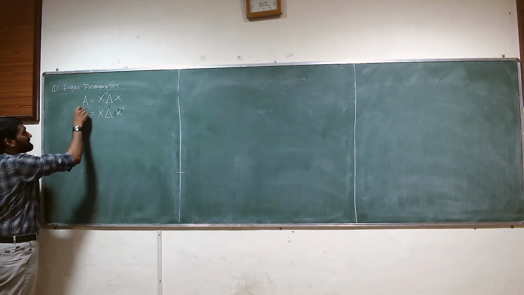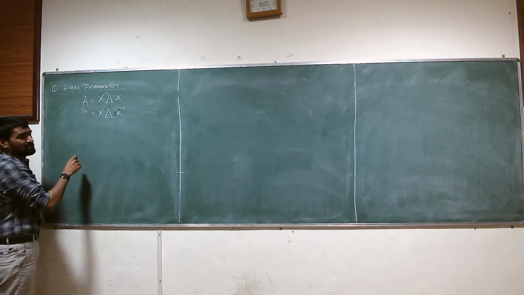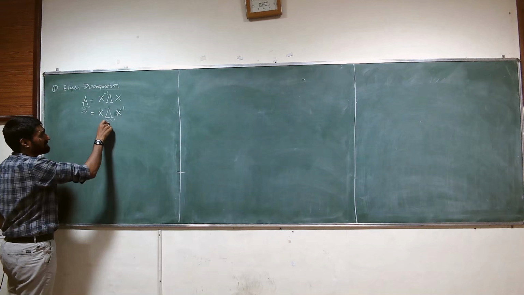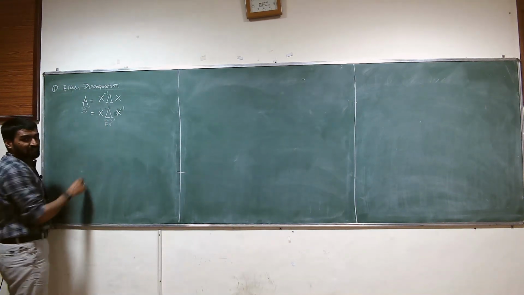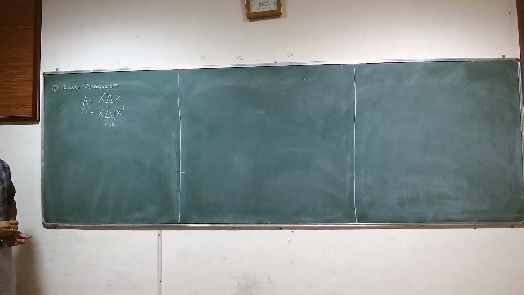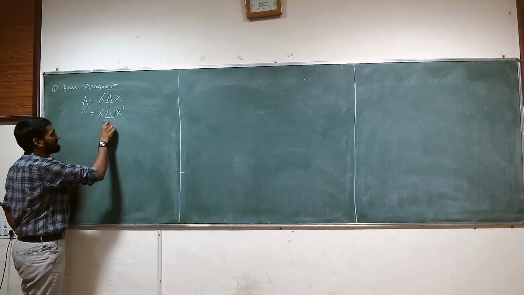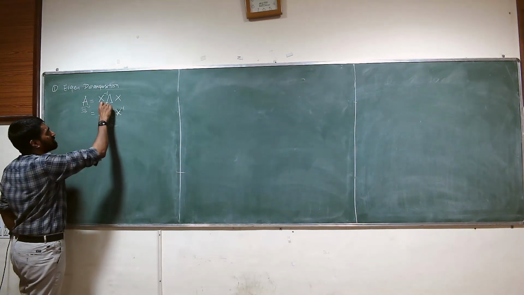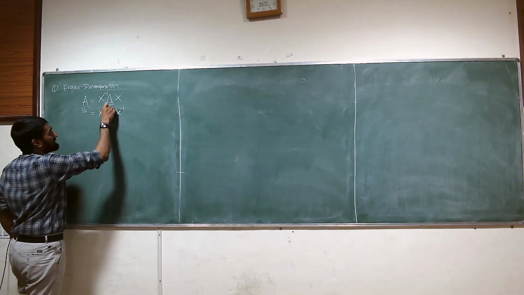This works with the standard basis. This works with the eigenvector basis, or eigenbasis, let's say. So why should it be like this and not like this?